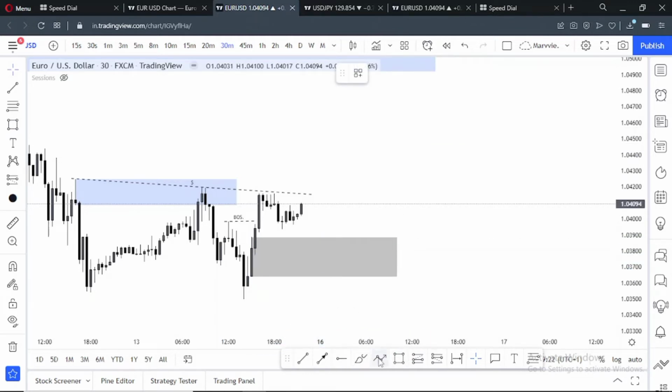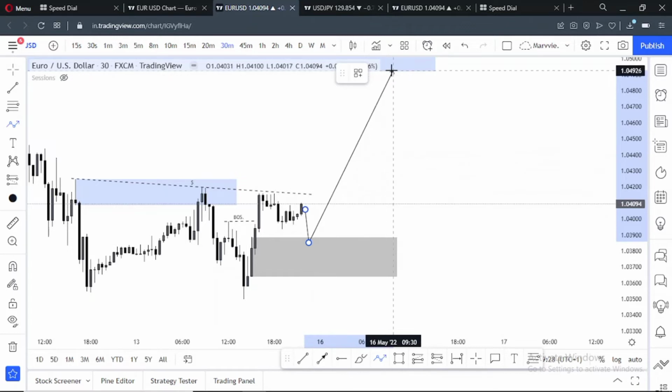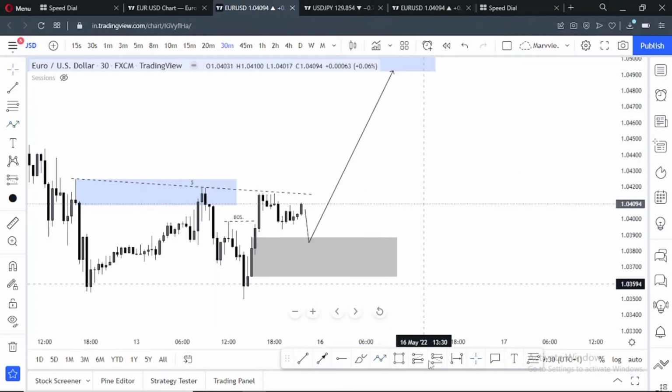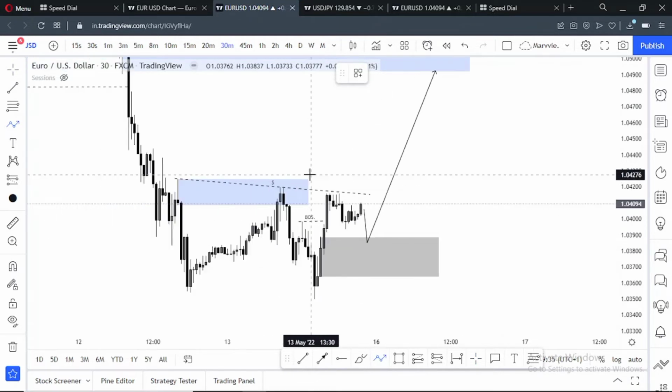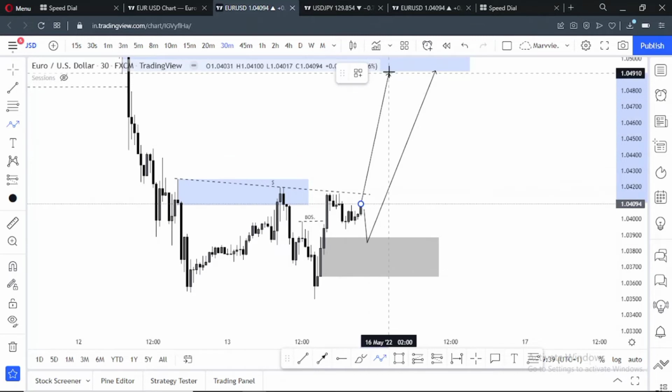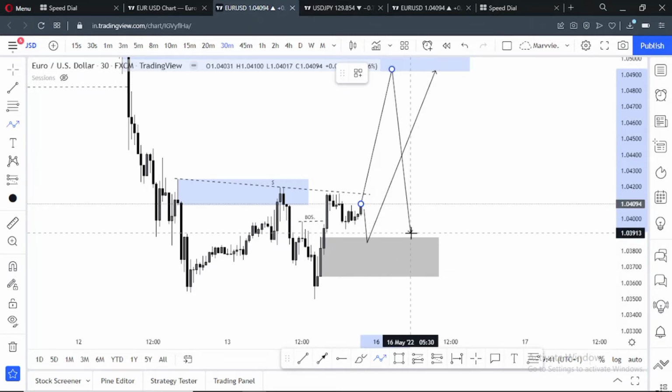So I should be expecting price to either retrace back down to this zone, then get a buy trade and exit here. Or if price does not follow this particular analysis and it eventually takes that liquidity pool out, you can just tap into here, then maybe a drop back to the zone.